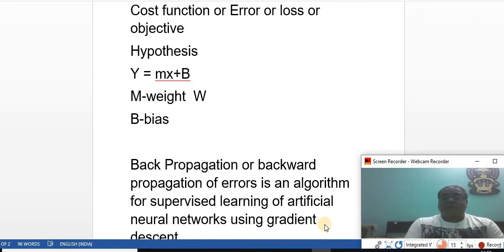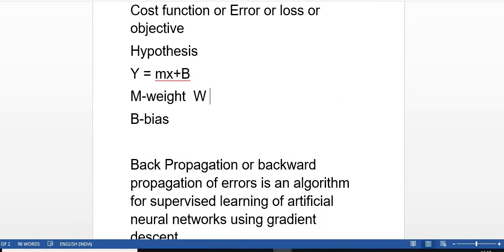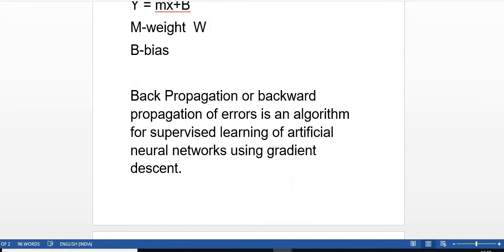And backpropagation, or backward propagation of errors, is an algorithm for supervised learning of artificial neural networks using gradient descent. We are feeding the errors back again. This algorithm is implemented using gradient descent.